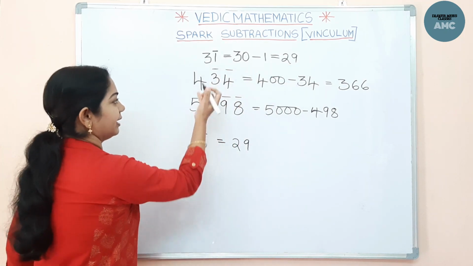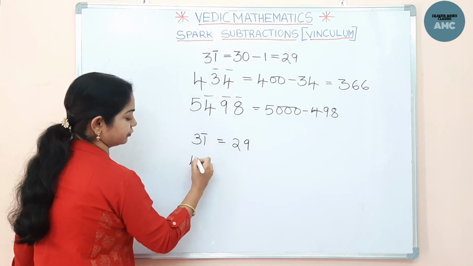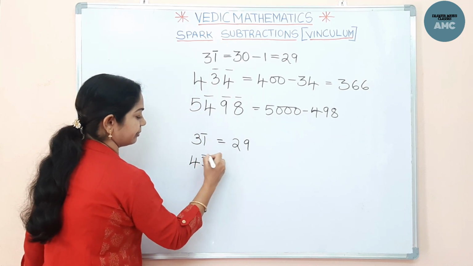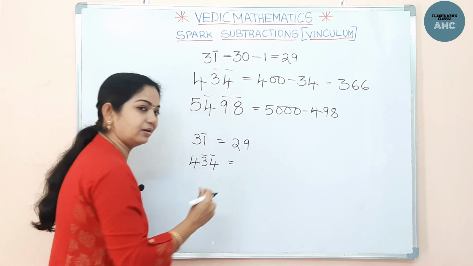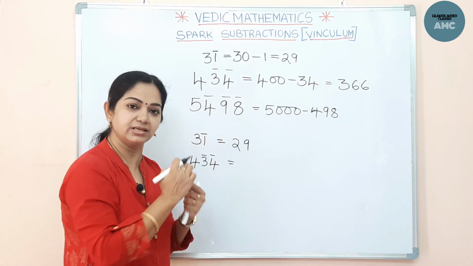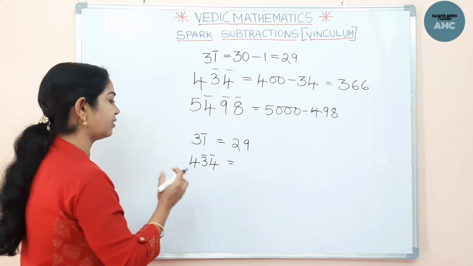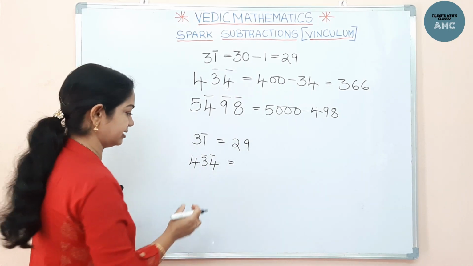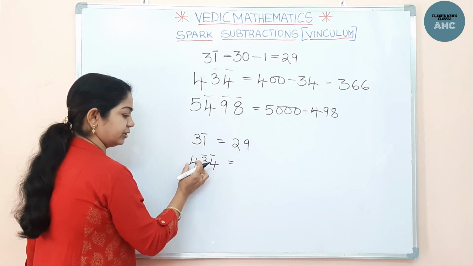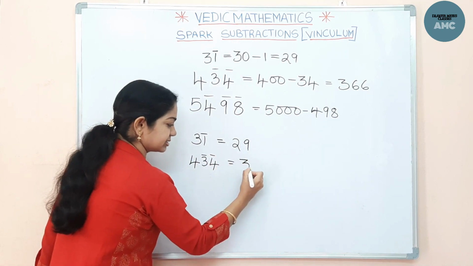So likewise, let me take the second number here, 434. The bar, the Vinculum is placed on 3 and 4. If the Vinculum is on a series of numbers in continuation, then we have to follow all from 9, last from 10. That is, first we have to reduce 1 in the before number, that is 3.